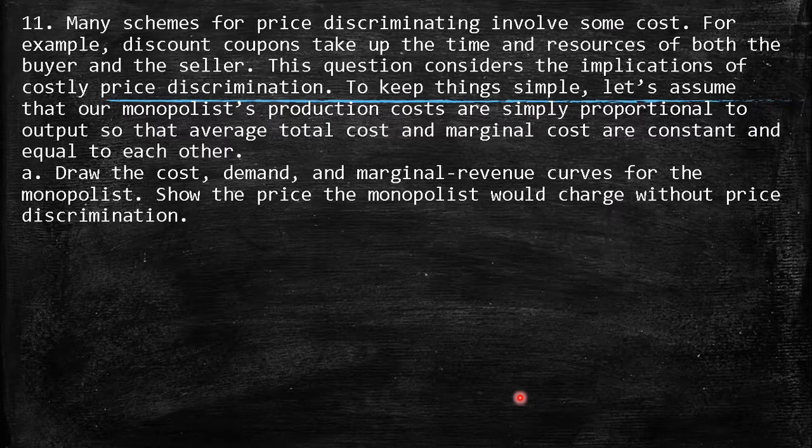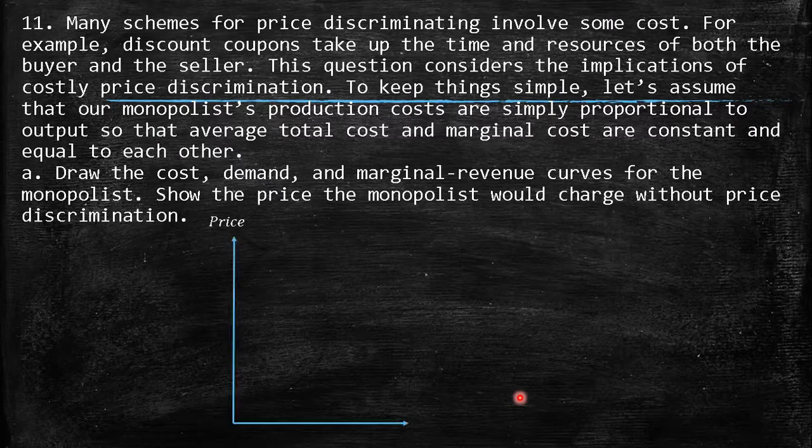To keep things simple, let's assume that our monopolist's production costs are simply proportional to output, so that average total cost and marginal cost are constant and equal to each other. So the question is, draw the cost, demand, and marginal revenue curves for the monopolist. Show the price the monopolist would charge without price discrimination.